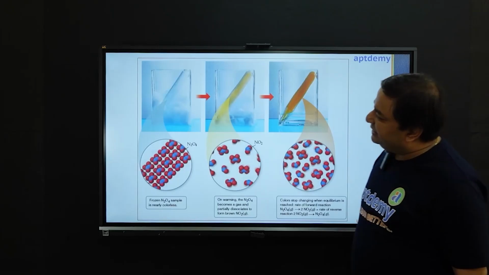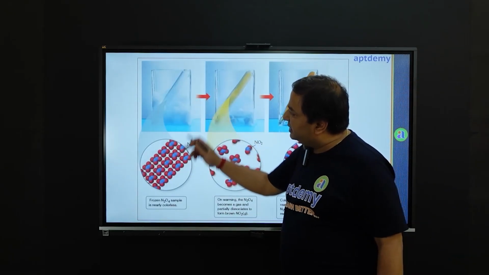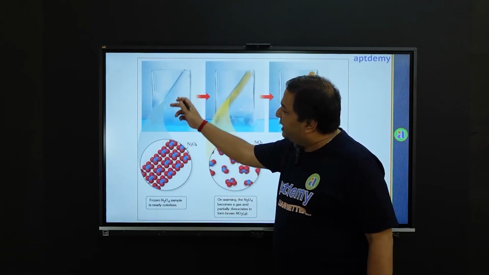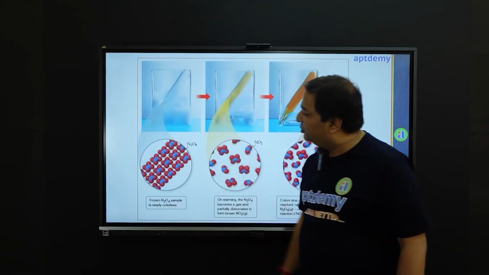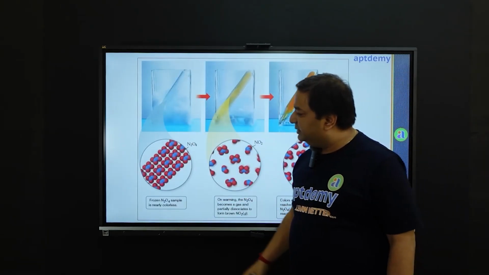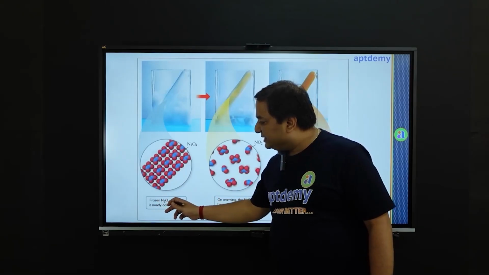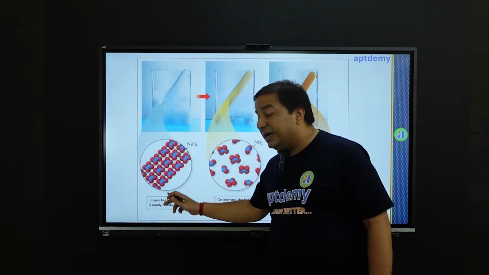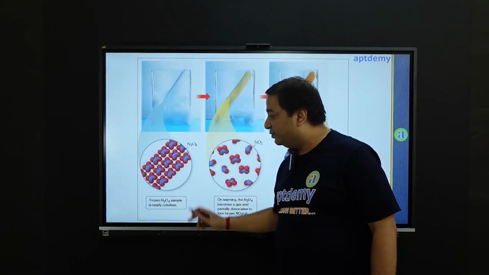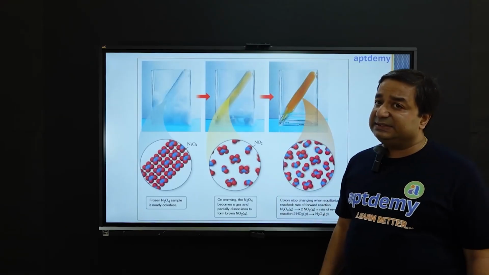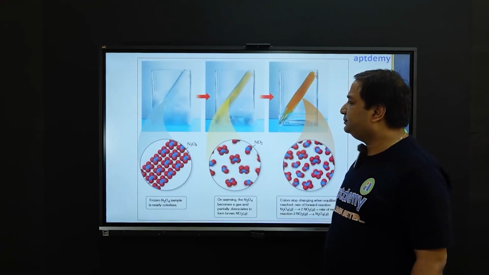Now here you can see that we have a container, and in that we have a sealed tube, which is containing frozen dinitrogen tetroxide, which is N2O4. And this sample is colorless.